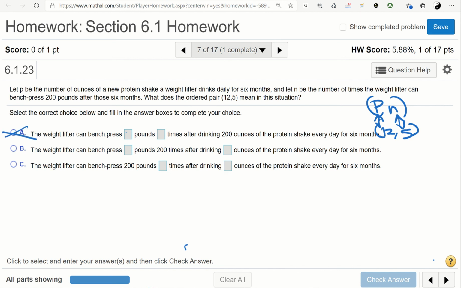That's not the way we want it to be phrased. The weightlifter can, all right, so the weightlifter can bench press 200 pounds. How many times? This is the number of times, right? So 5 times, after drinking 12 ounces of the protein shake every day for 6 months, right? So 5 and 12 should do it for us. Let's go ahead and actually try. So we'll put 5 here.